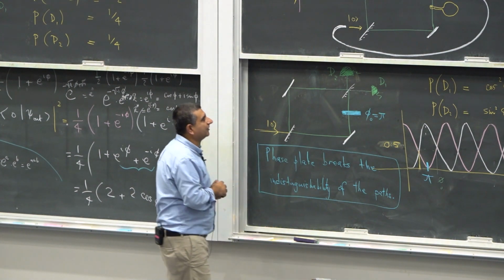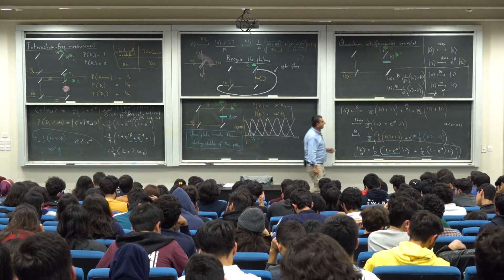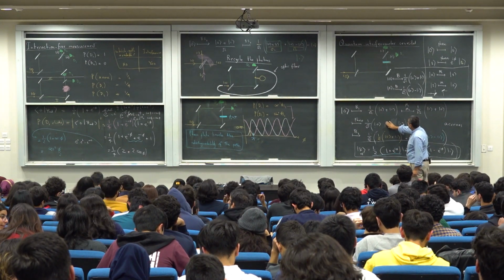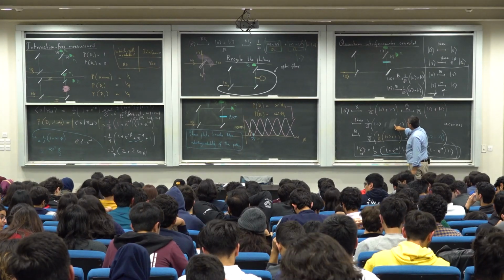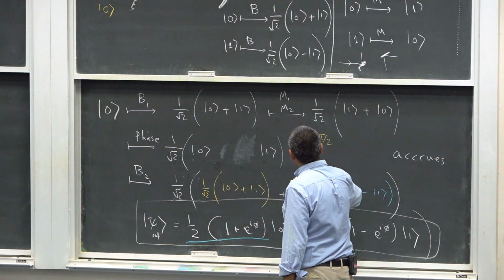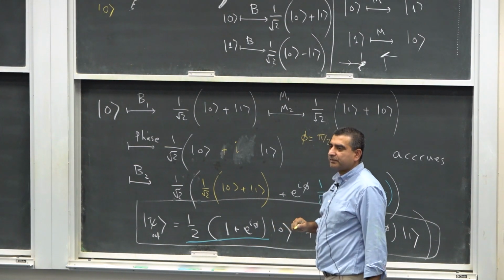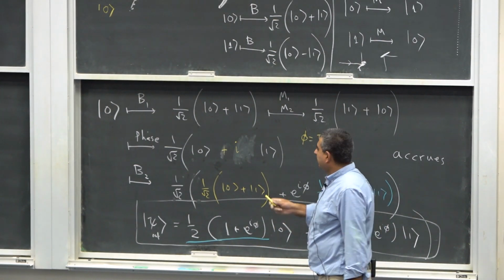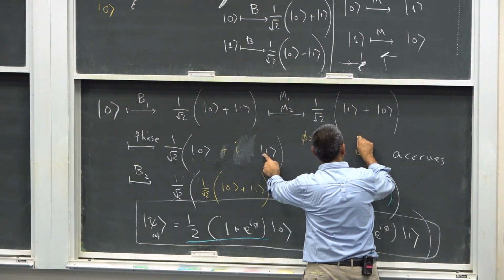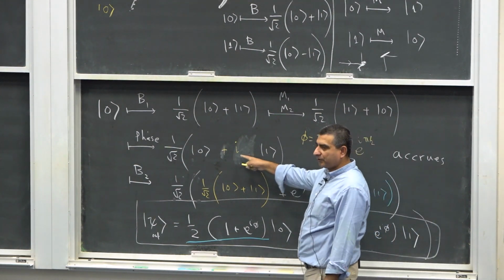Okay, so let me think of an answer to this. Then this becomes equal to e^(iφ), and when phi is pi by 2, e^(iπ/2) becomes iota. Correct? Let's see. I put in e^(iπ/2), which is cosine pi by 2 plus iota sine pi by 2, and that gives iota over here.